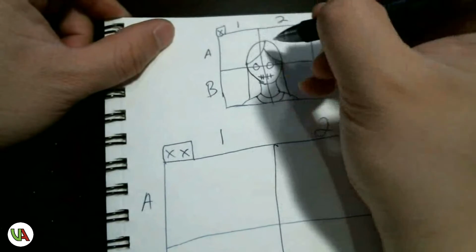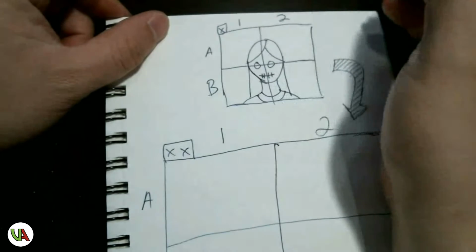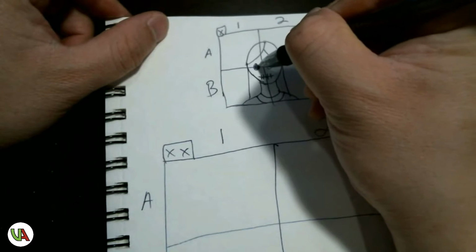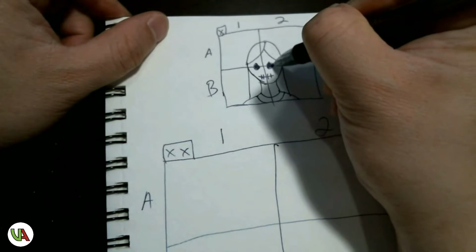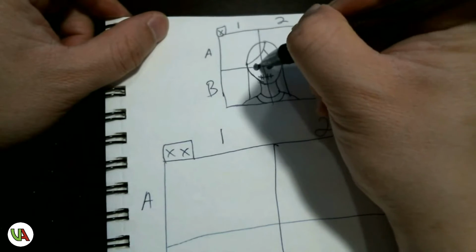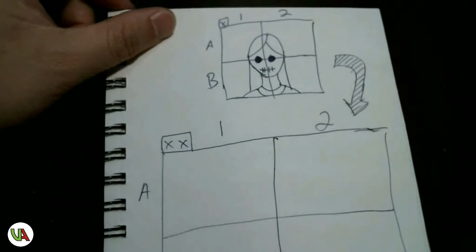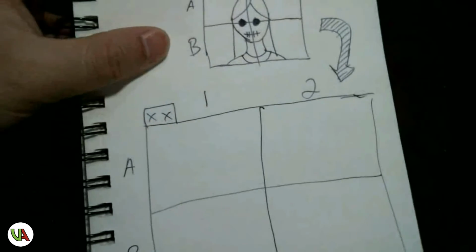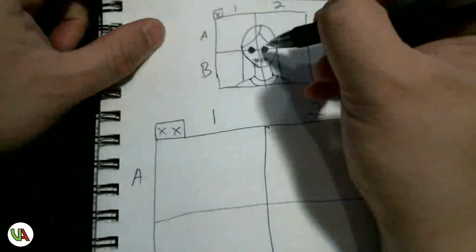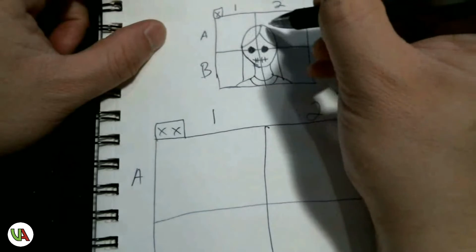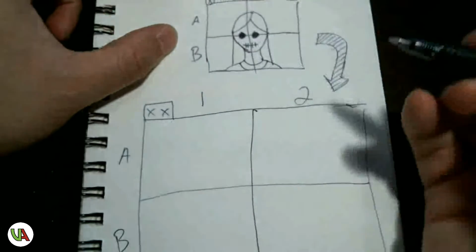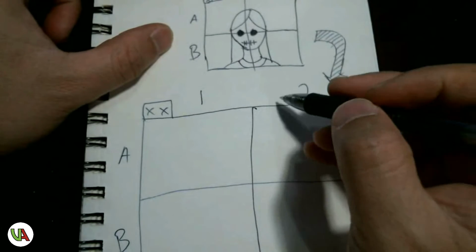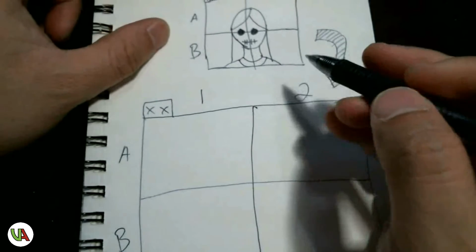Very simple. Maybe you could color that in, make it stand out more, like that. So we're going to transfer that down to the second box down here. To make it easy, let's draw that circle face first, or whichever you feel comfortable.